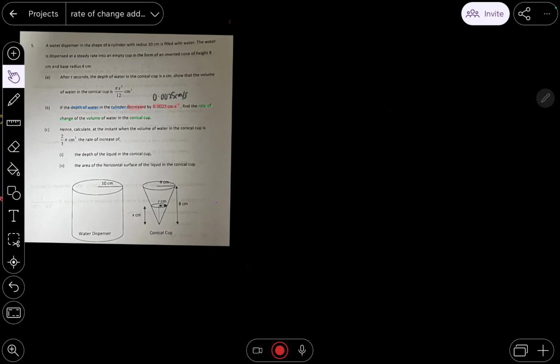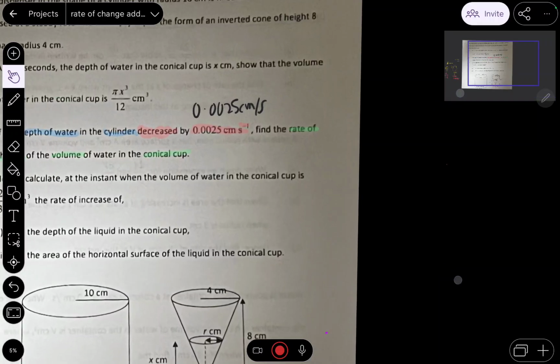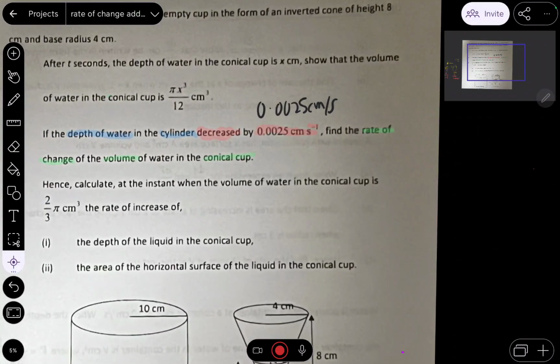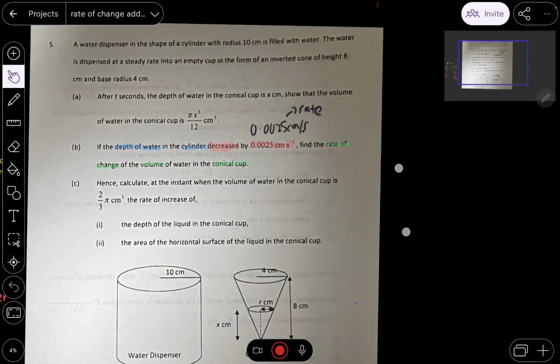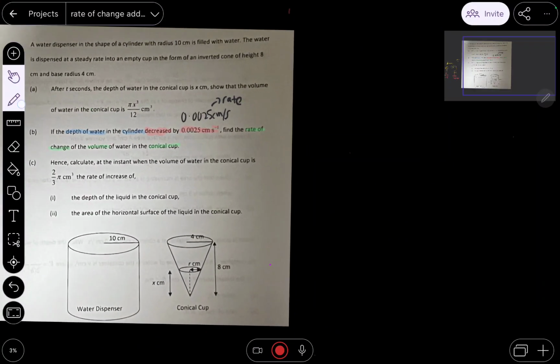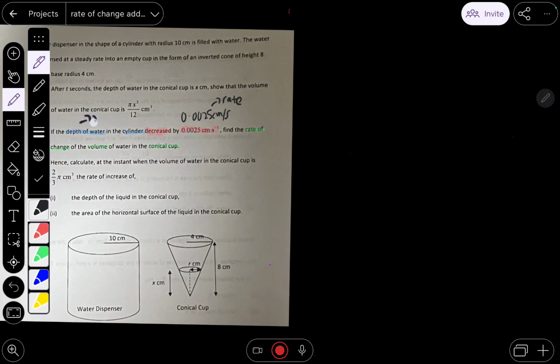The depth of water decreased by 0.0025 cm per second. What can we say? Can we say that this is a rate? So what do we know? If our depth is x, what can we say?